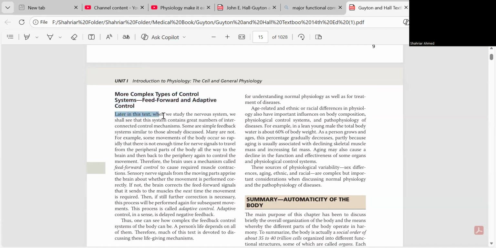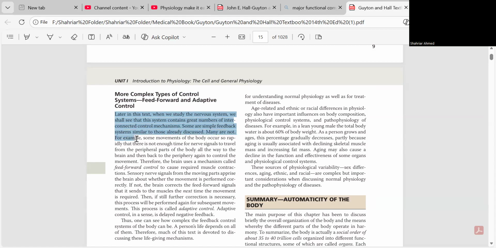Later in this text, when we study the nervous system, we shall see that this system contains great numbers of interconnected control mechanisms. Some are simple feedback systems similar to those already discussed. Many are not.